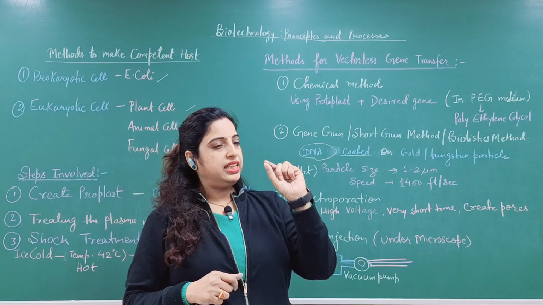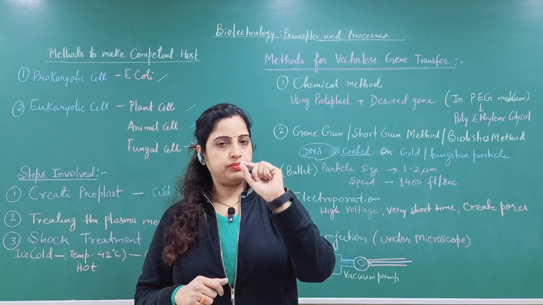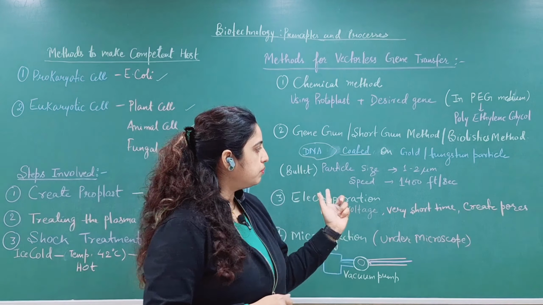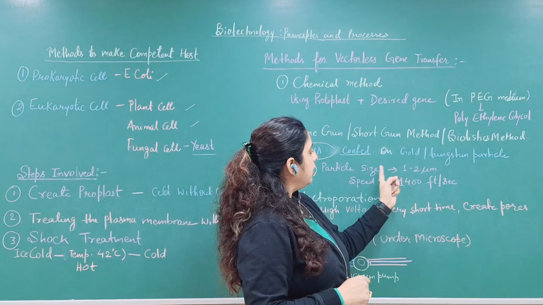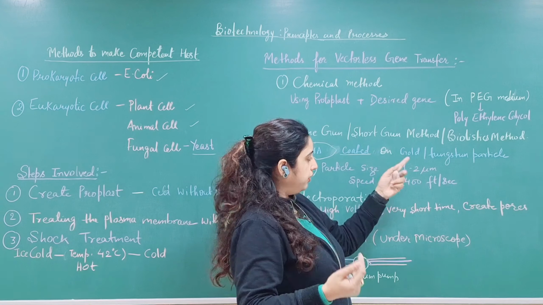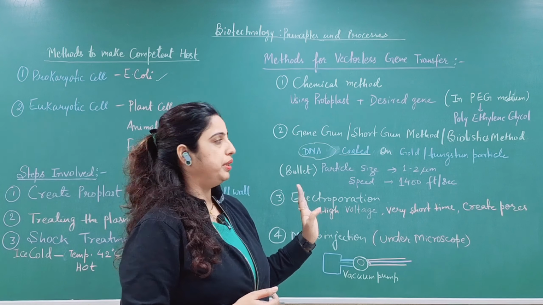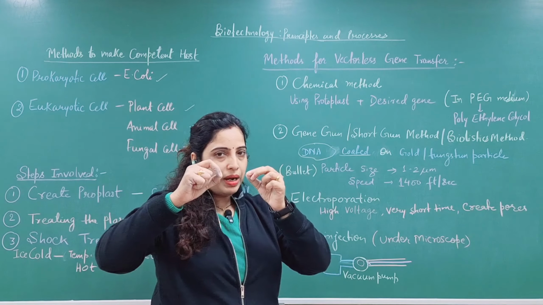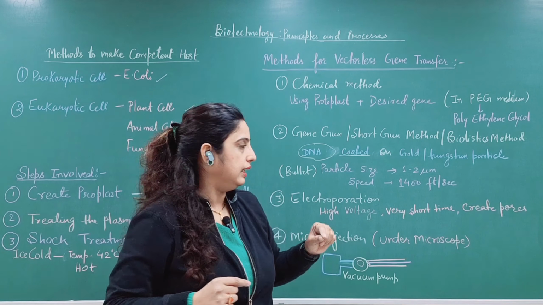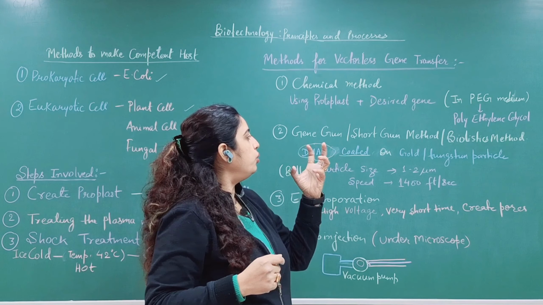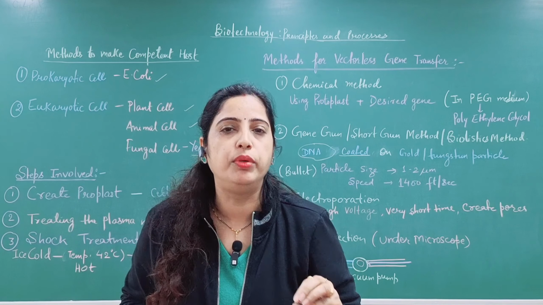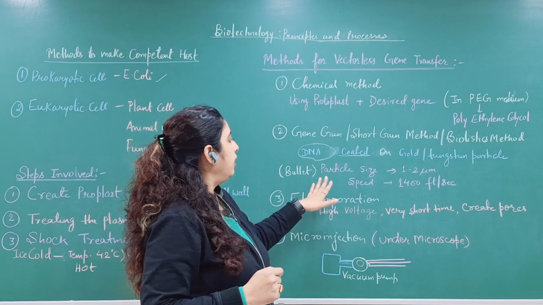So these small particles of gold, small in the sense that even after getting ready, will be just 2 micrometer. So the gold particle will be coated with the DNA. Now the complete set is called the bullet.